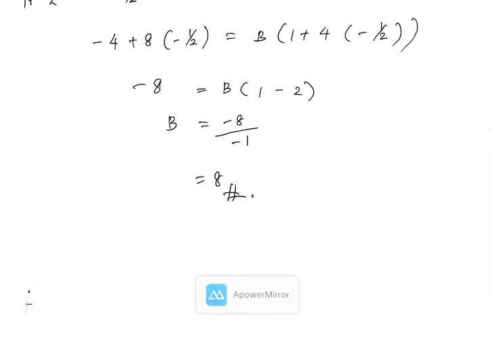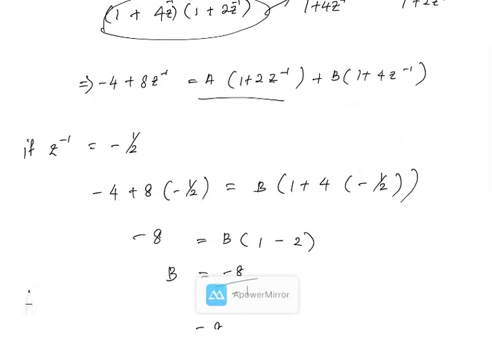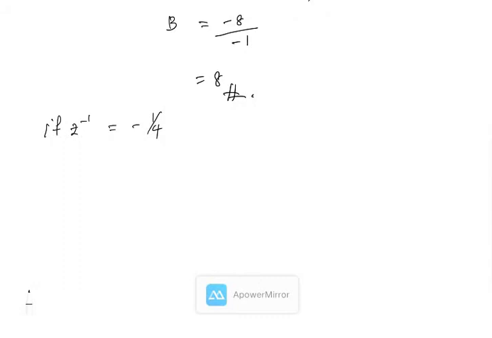Next, if I assume the Z inverse to negative 1 over 4, so this value depends on here, okay. So now I substitute the Z inverse to negative 0.25 into the equation.